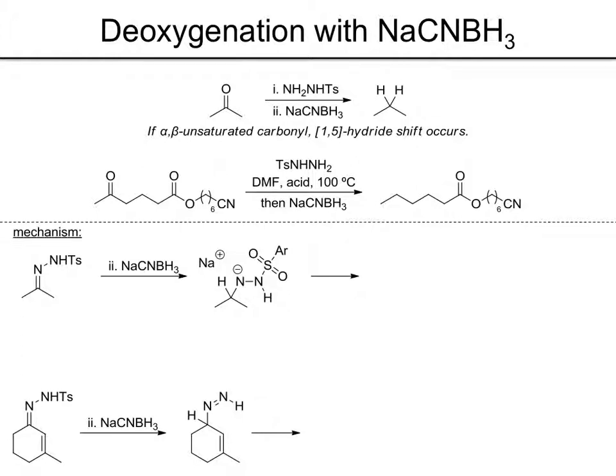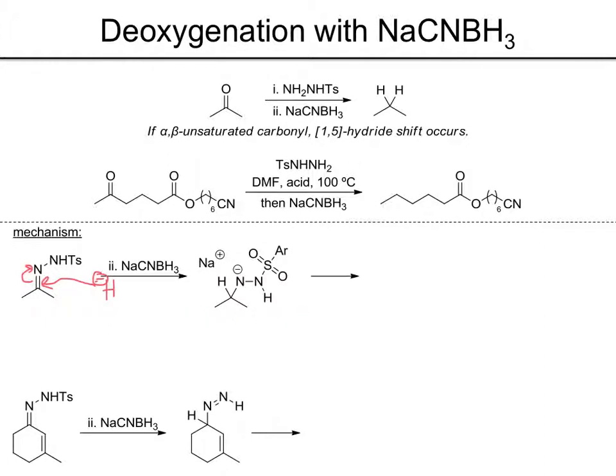The mechanism of this starts with condensation of the hydrazine and the ketone or aldehyde to form the tosyl hydrazone. Following this, we have addition of sodium cyanoborohydride, and so we've got hydride addition at this hydrazone, and so we end up with this intermediate.